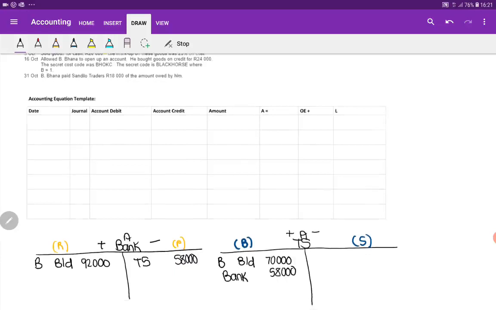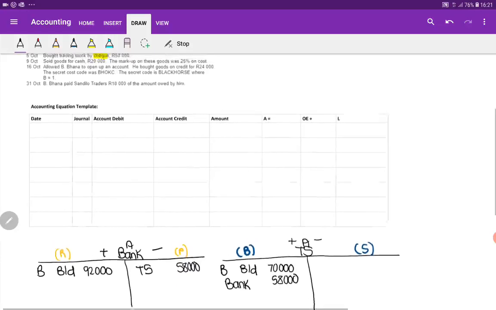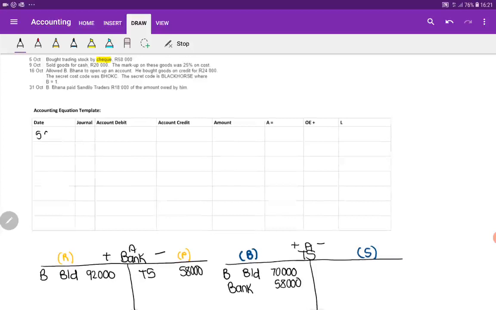So if I record this on the accounting equation, the transaction happened on the 5th of October. This is a cash transaction and a payment was made, so it will be recorded in the CPJ. Trading stock was debited. Account credited, bank. Amount 58,000.